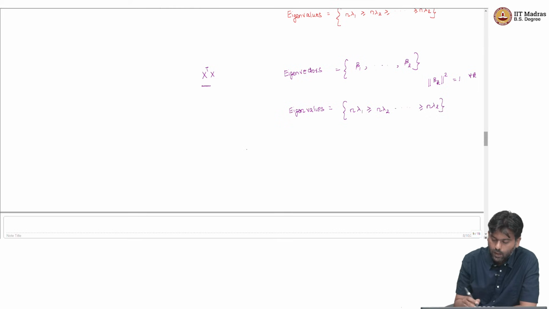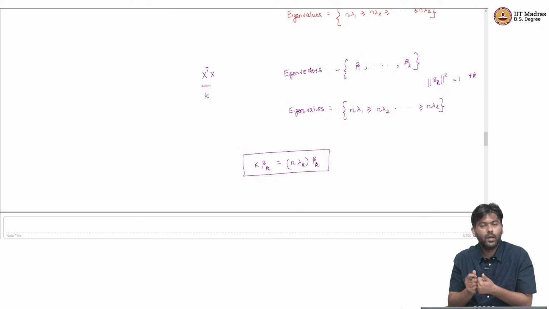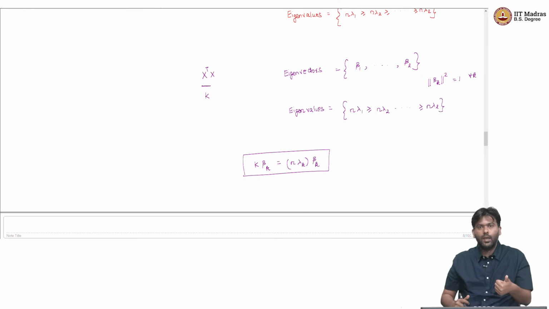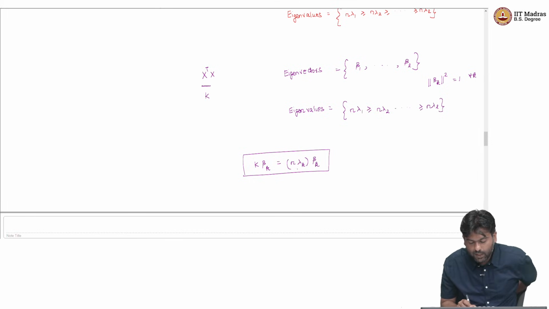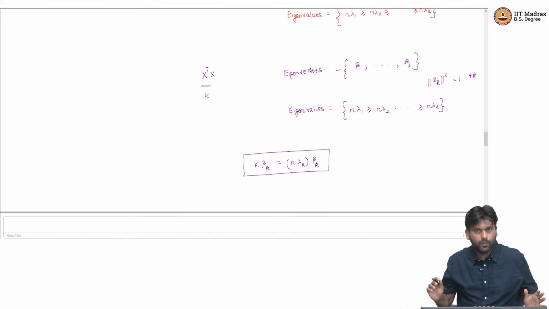Now what does this mean? This is K, which means that K times beta k equals n lambda k times beta k. So, we have found an eigenvector beta k which satisfies K beta k equals n lambda k beta k.